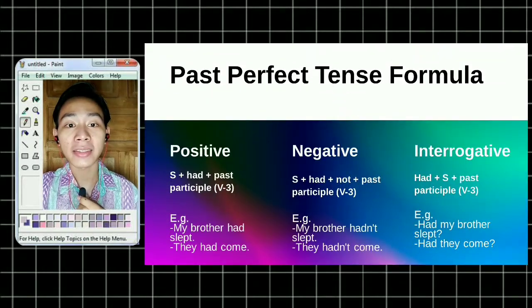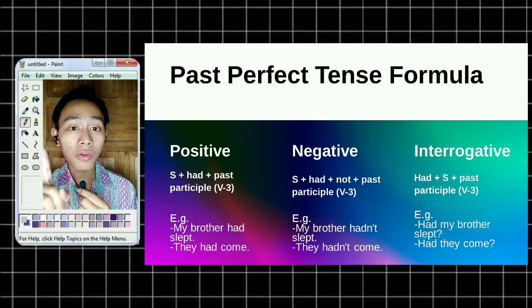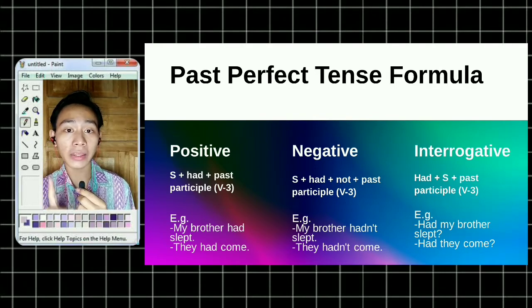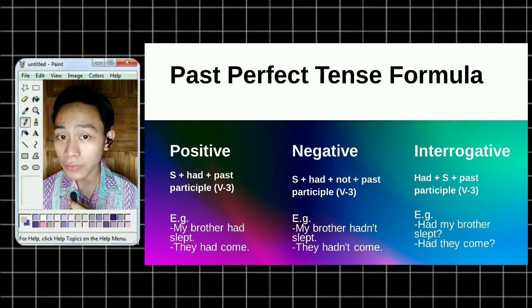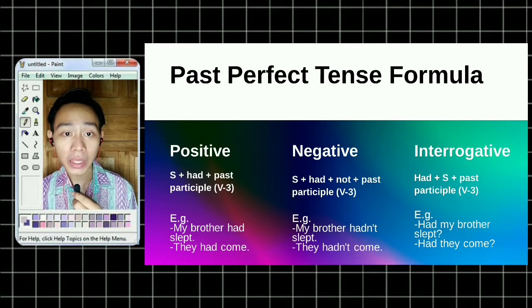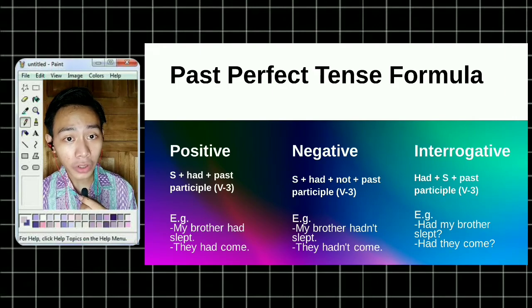Okay, next, how do we make the past perfect tense? The past perfect tense is formed with the auxiliary verb had and the past participle, verb 3.